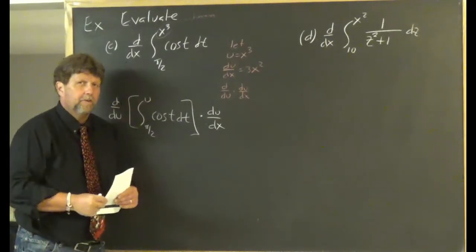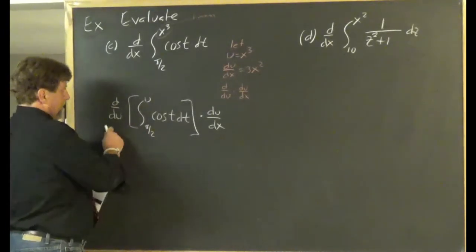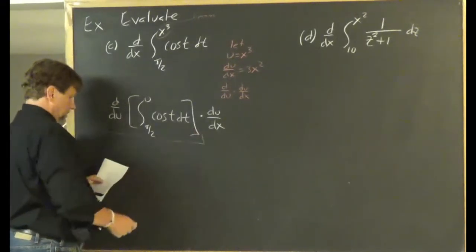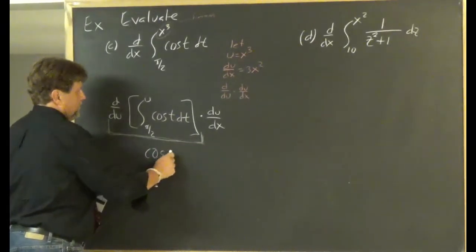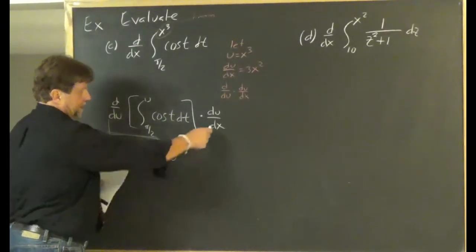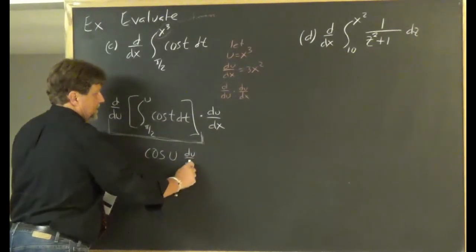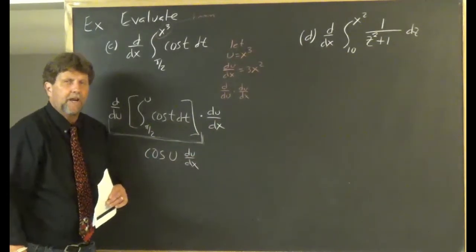Kind of sounds like a chain rule, doesn't it? Because I know what this is. This right here, thanks to the second fundamental theorem of calculus, is cosine u, and then I have du dx. Boy, it's really looking like a chain rule now, isn't it?